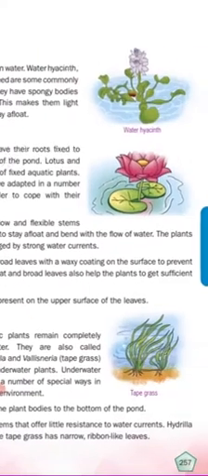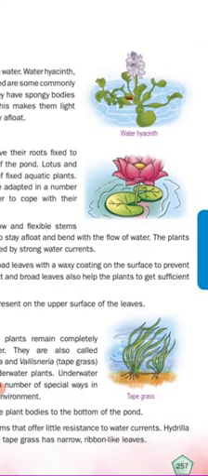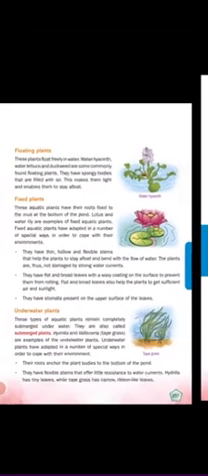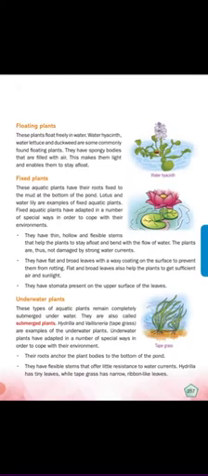No, surely not. The roots go down into the mud at the bottom of the pond, and they get attached there. Okay? So it is fixed in the mud at the bottom of the pond. Examples of fixed plants are lotus and water lily.